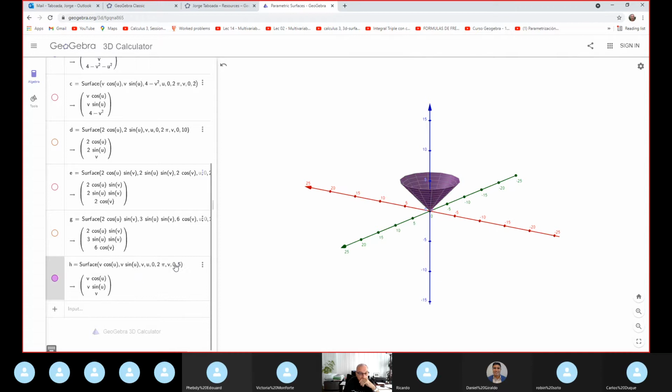Now let me fix it again. This -5, I like this. Enter. However, suppose that you put not 2 pi. You put, for example, just pi. Let me remove these.